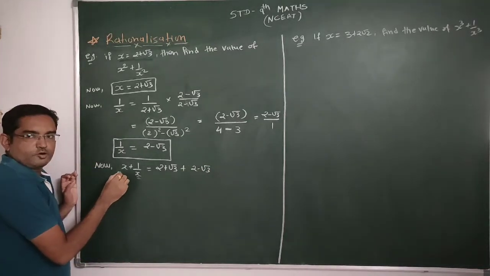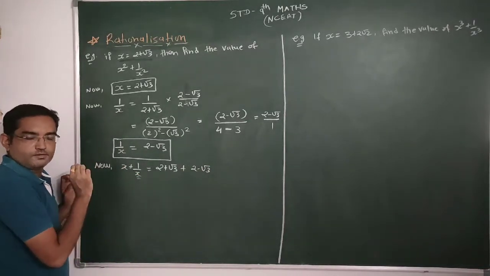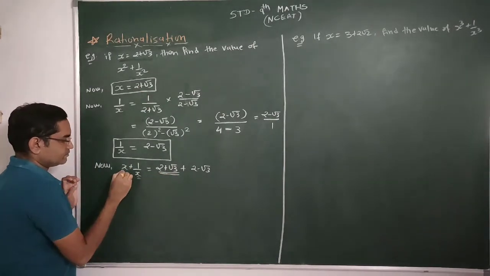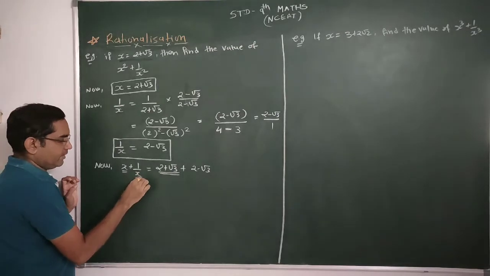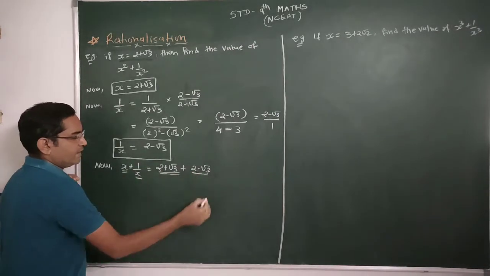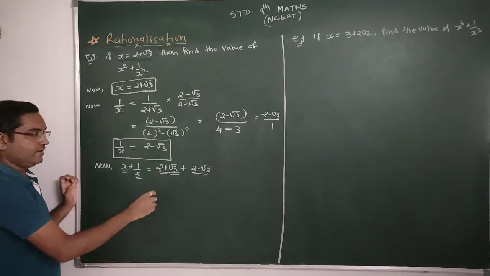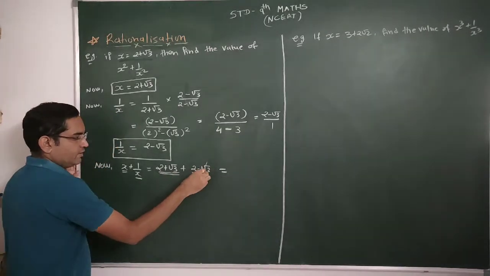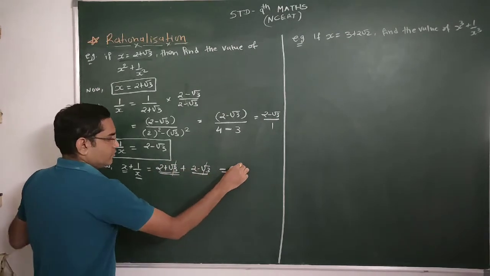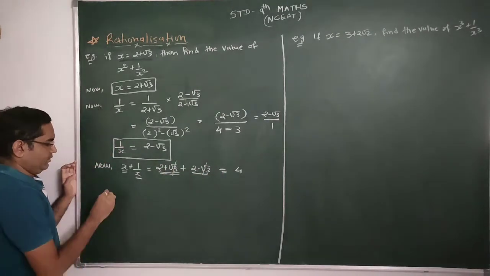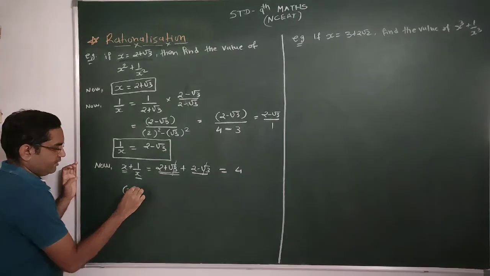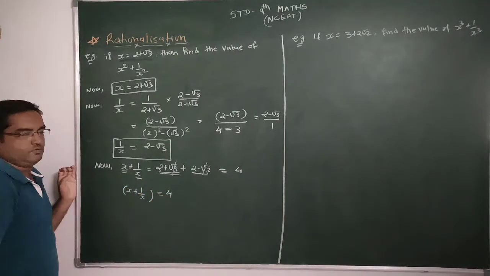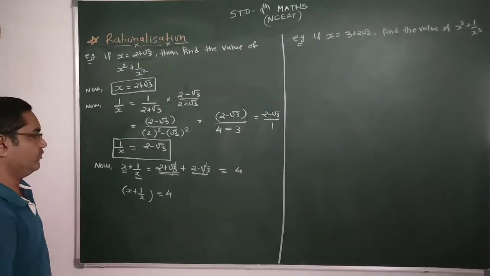You have to perform the addition. Root 3 minus root 3 cancels, and 2 plus 2 equals 4. So we can say that x plus 1 by x is 4.